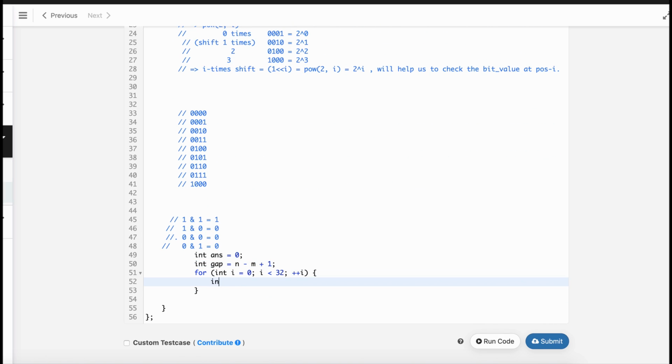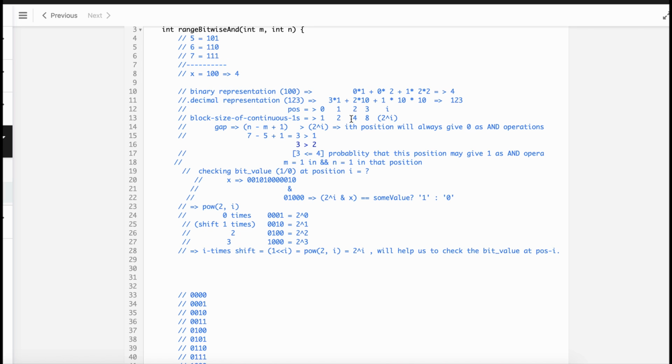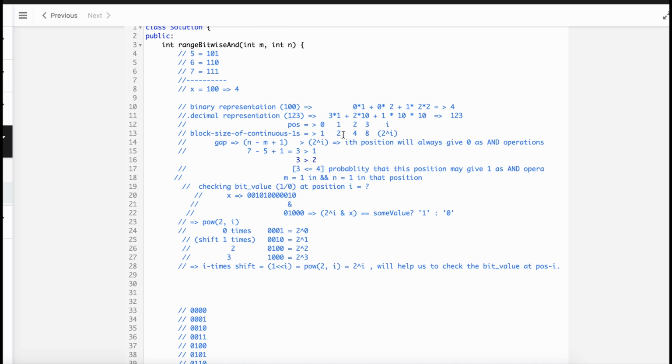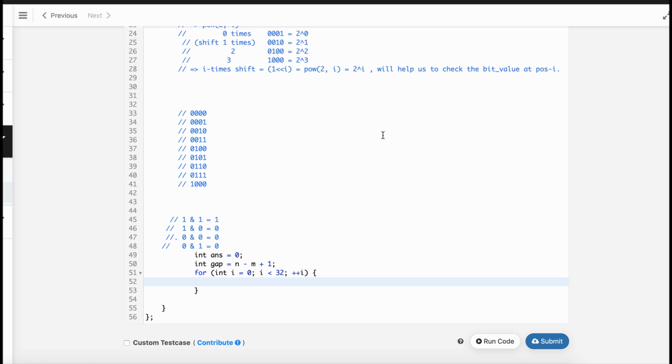Now this 2 to the power I is the range, the continuous block size as we defined, which is also 2 to the power I. Let's calculate 2 to the power I first, which, as we defined already, we do by performing a shift operation I times.